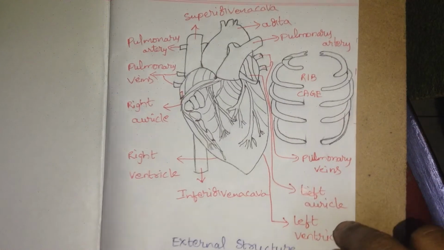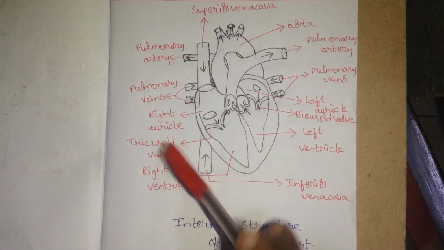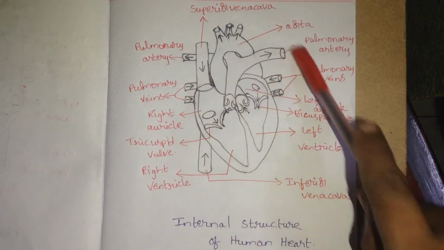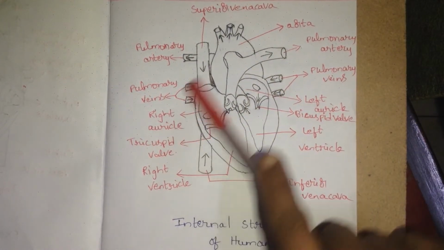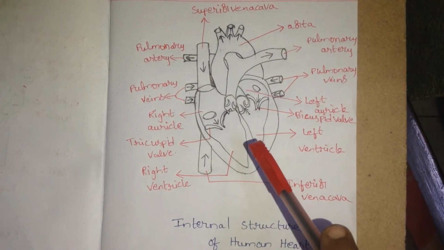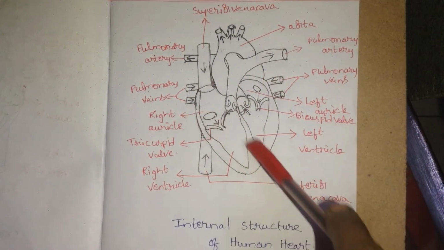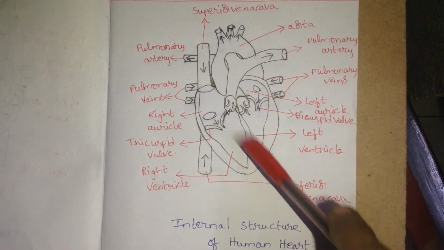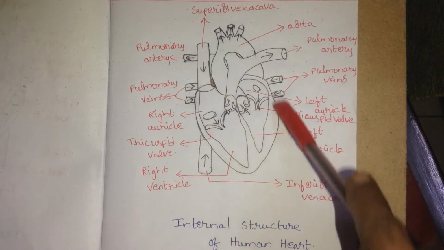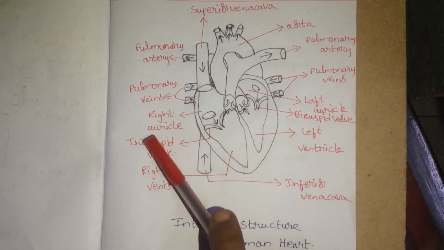The internal structure of the heart. If you see the internal structure of the heart, it contains 4 chambers. The heart is divided into 4 chambers by external grooves, and from inside by a muscular wall-like structure called the septum. It separates the heart into left and right side.